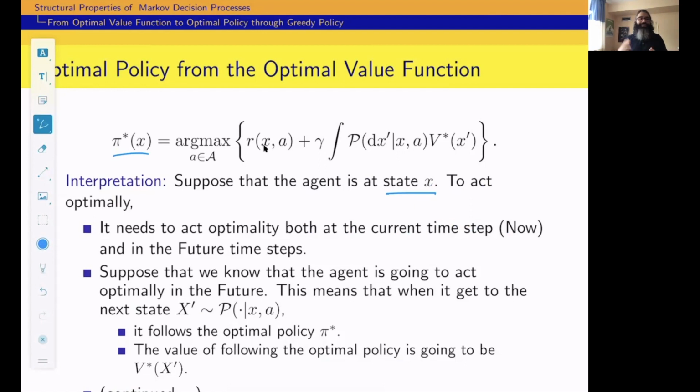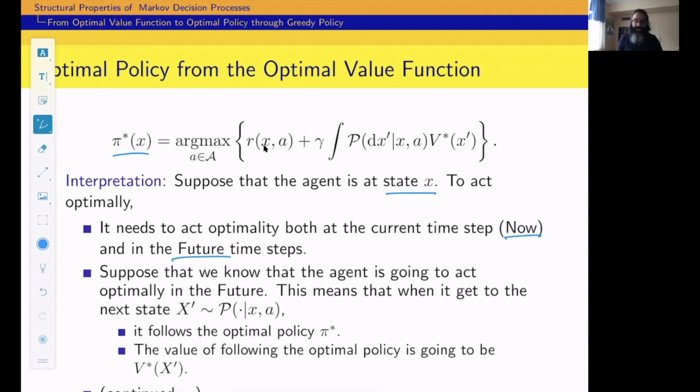So we can't make a mistake in the future and still hope that the agent is an optimal agent. Also, we should act optimally at the current time step, because otherwise we could choose a better action at the current step, get more reward at the current time, and in the long term, we would be a better agent. So it needs to act optimally both now and in the future.